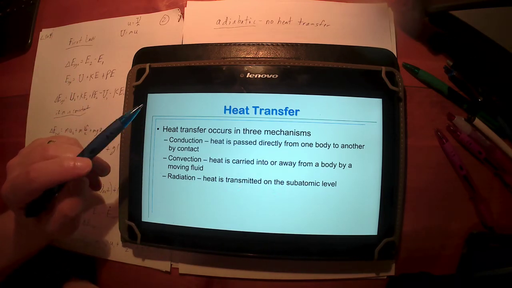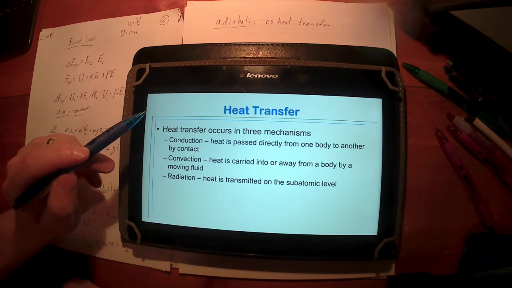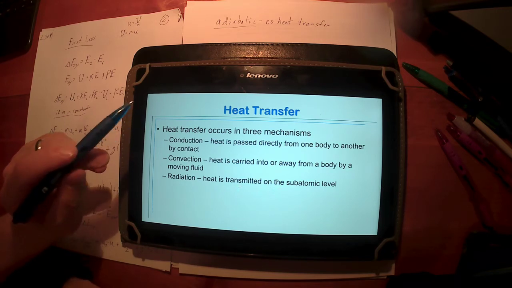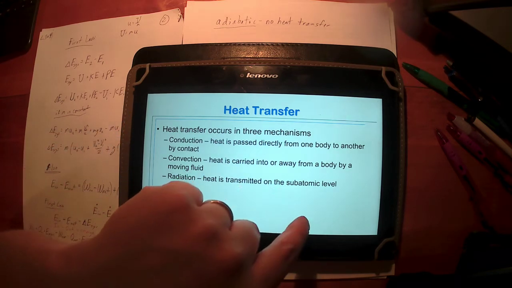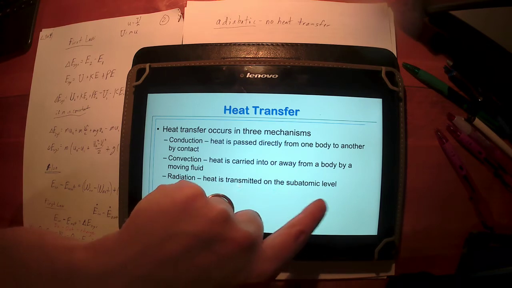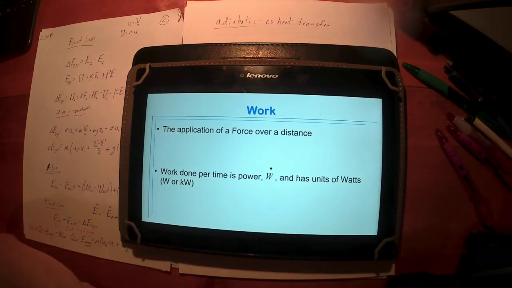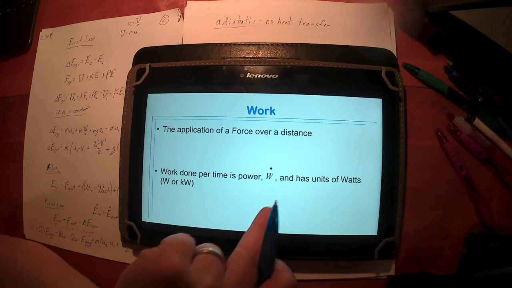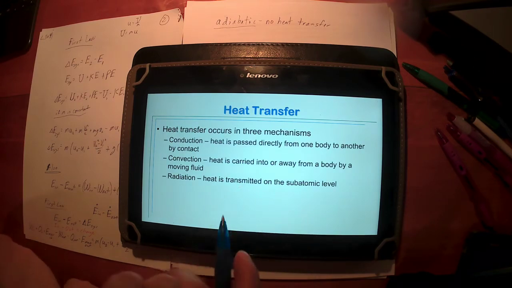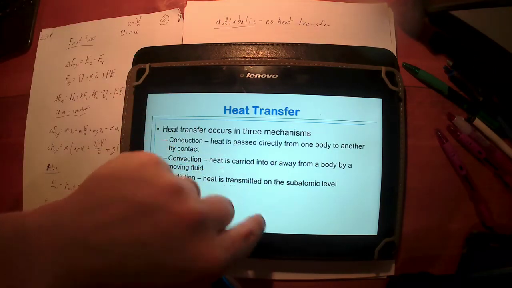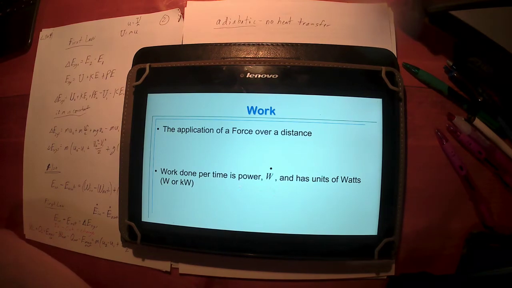Radiation does not. Radiation can be emitted long distances through a vacuum, through outer space, and does not require something in contact with something else. It just requires a temperature difference. Now, all three of them require a temperature difference, but that's really all the radiation requires.